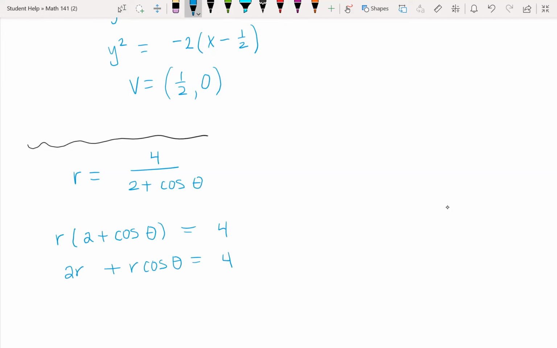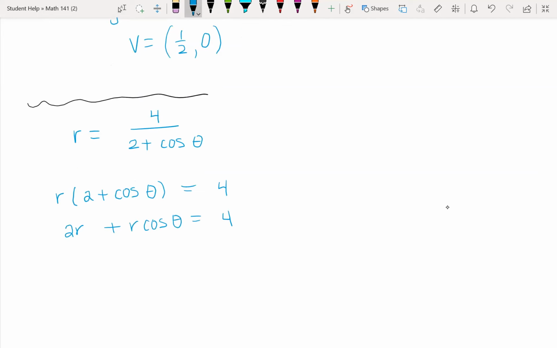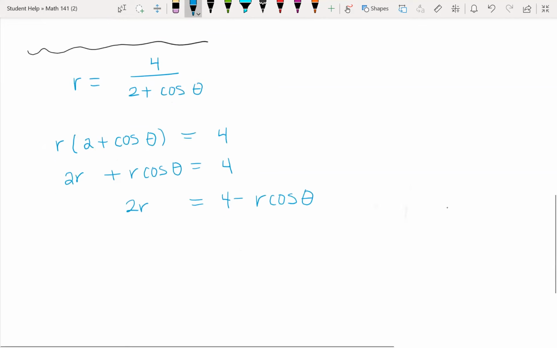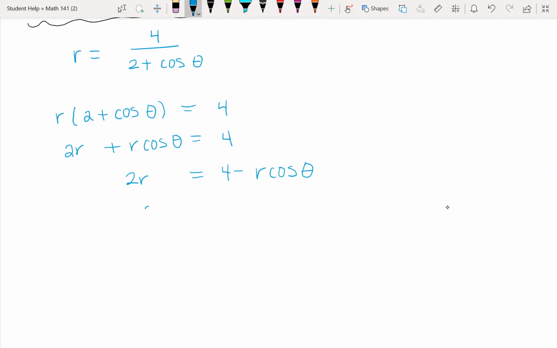And then I'll subtract that r cosine theta from both sides. So this is the same as 2r equals 4 minus x, right? Because this part is equal to x.